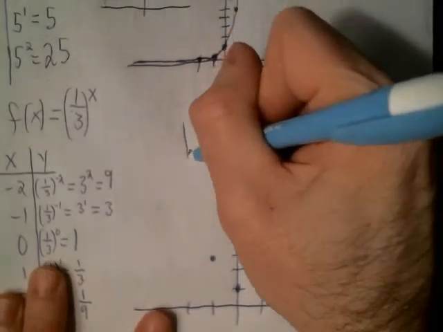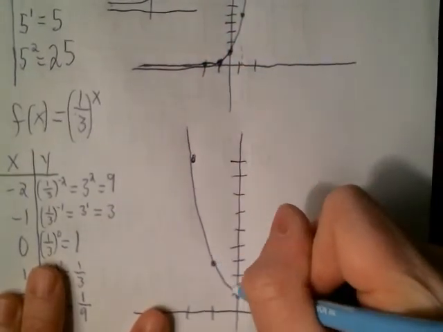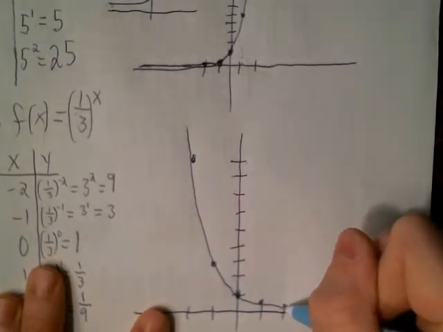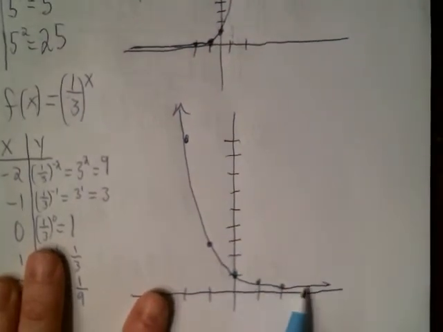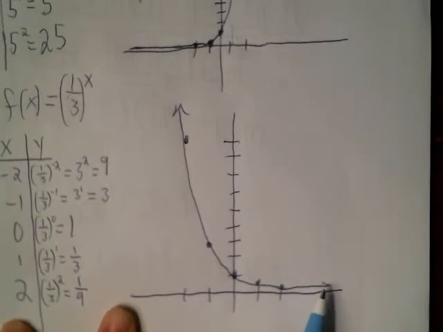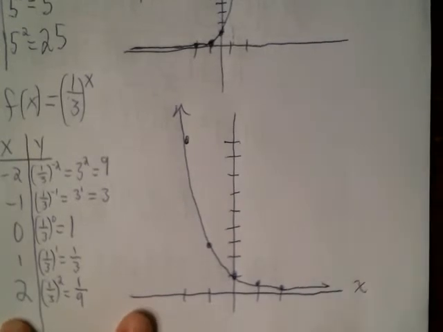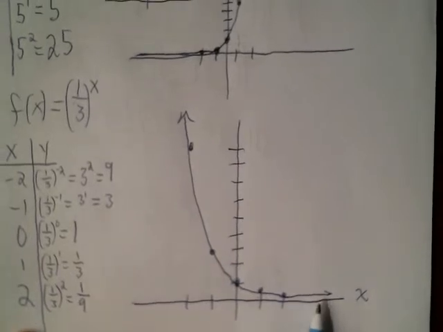And so you draw this smooth curve, which shouldn't have any corners or bumps in it. It's the table I'm drawing on, it has some bumps. And then it goes in this direction, and it gets smaller and smaller and smaller, or in other words, closer to the x-axis as it goes in this direction. But it'll never touch it.